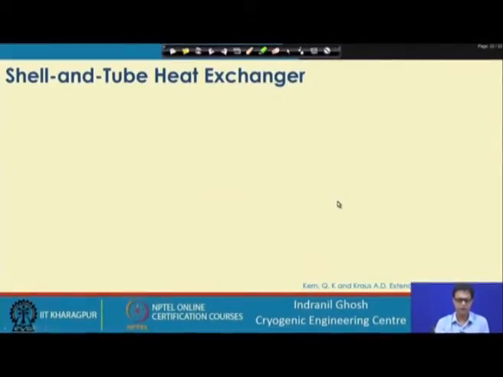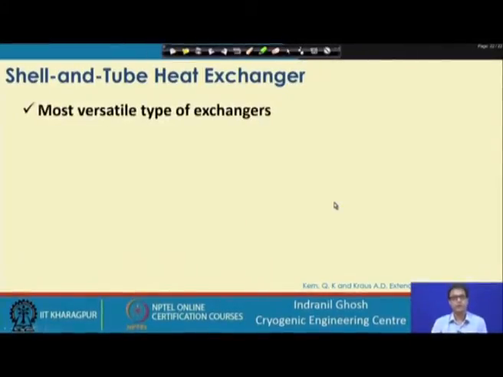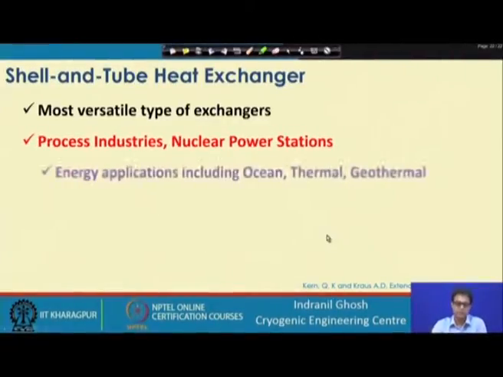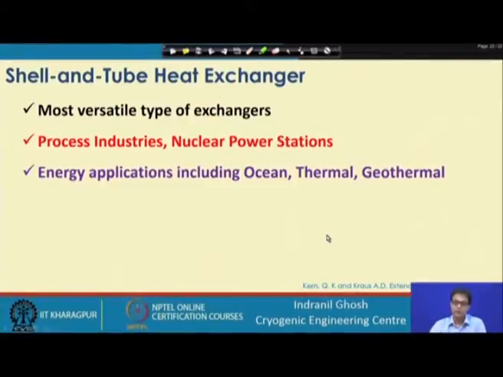We know it is one of the most versatile types of heat exchanger used in the process industries or even in nuclear plants, and they can be used as preheaters, water heaters, condensers, and as kettle boilers.